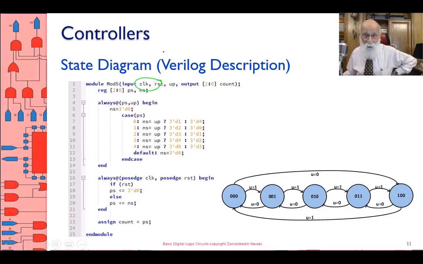Then you have an up control. This one here. If up control is 1, you're going up. 1 becomes 2, 2 becomes 3, 3 becomes 4, 4 becomes back to 0. It rolls over.